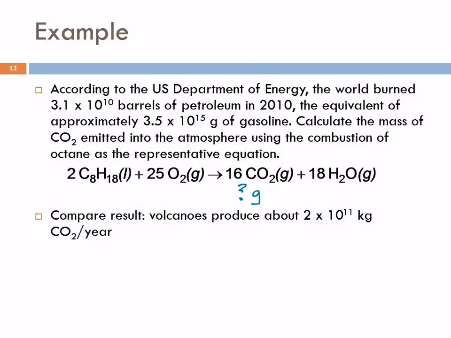So if we had, yeah, my stylus just leaped out of my hand. But it didn't get away. I caught it. 3.5 times 10 to the 15 grams of octane. So I'm going to get rid of this second part down here because I need a little space.